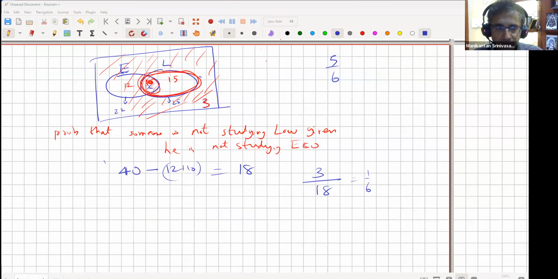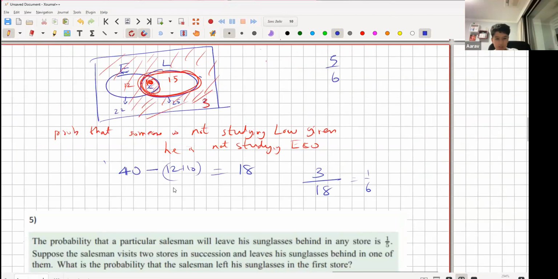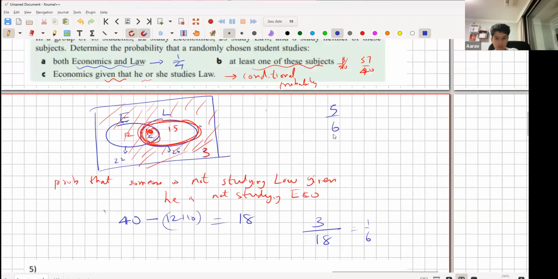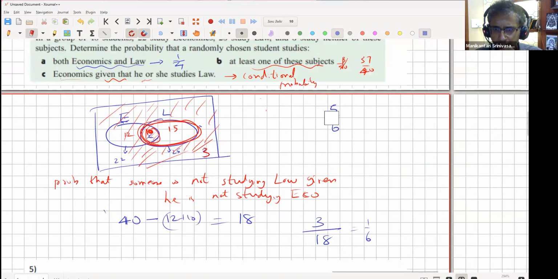Question 5. So I have a question. I think we said 5/6, and because you said it's people who are not studying economics, you took the people who are studying economics. Sorry, I forgot what this 5/6 I wrote was right now.